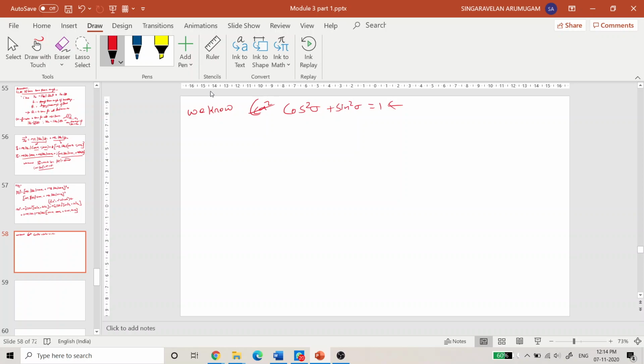So cos square delta plus sin square delta is 1, and also cos a cos b plus sin a sin b is equal to cos of a minus b. By observing these two, I can simplify this equation.